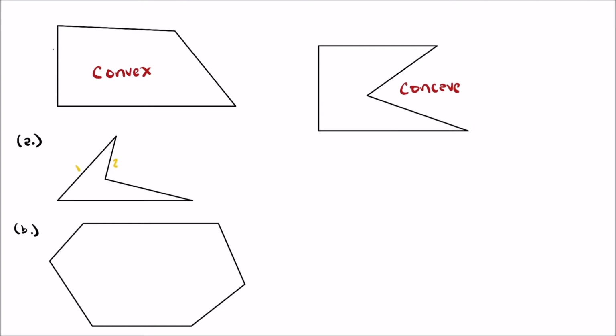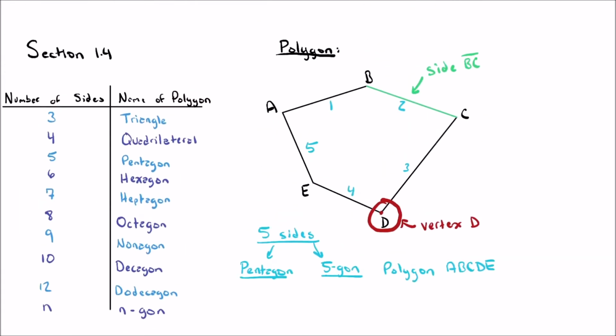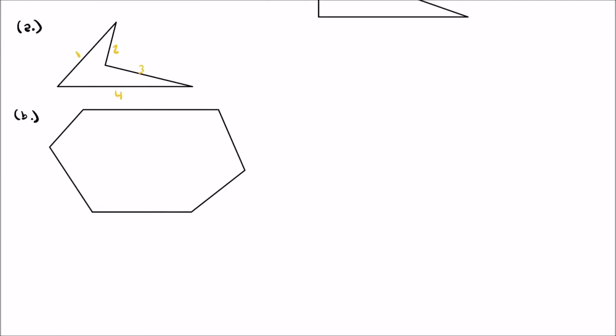We have 1, 2, 3, 4 sides. If we scroll back up to our chart, a 4-sided figure is a quadrilateral. And it does have a mouth right here where it caves in on itself. So this would be a concave quadrilateral.